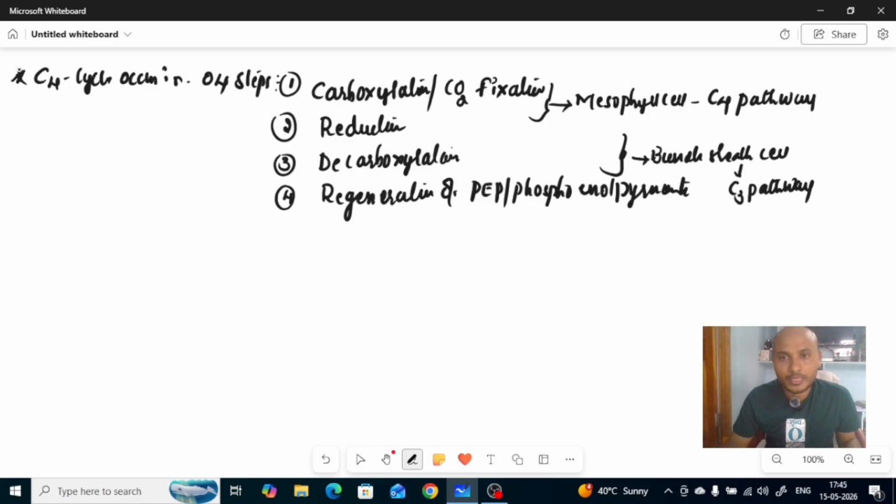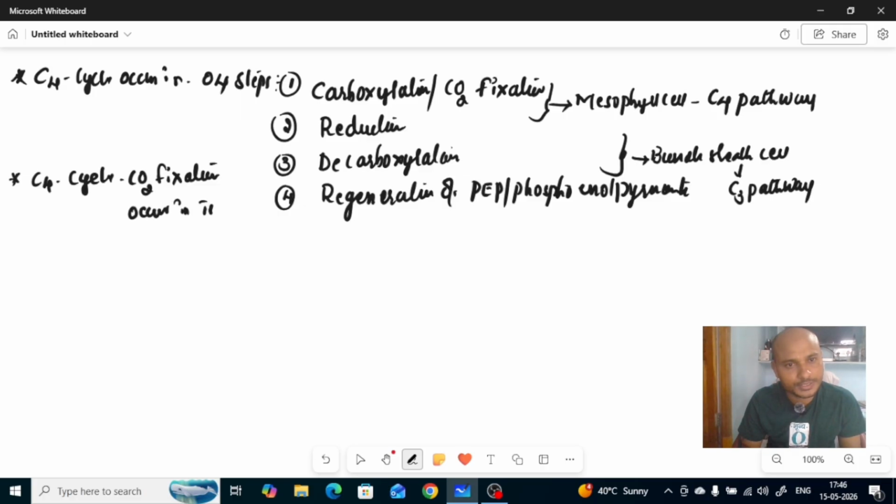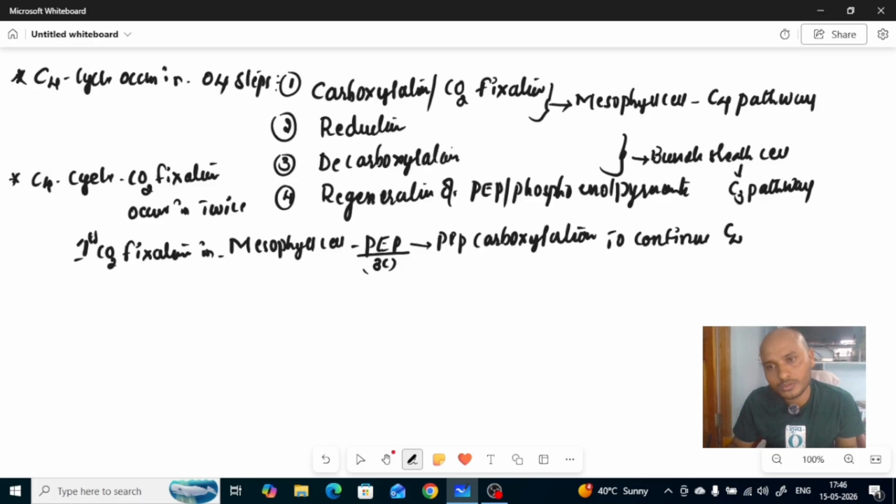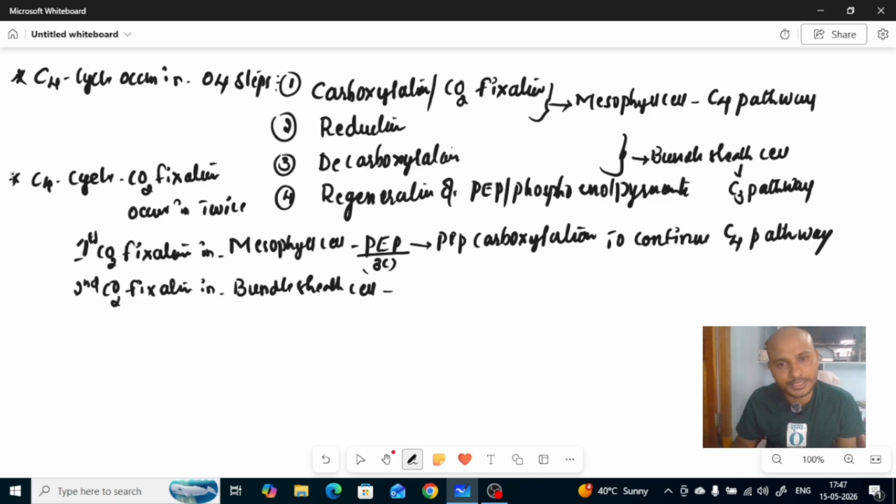And in the C4 cycle, carbon dioxide fixation occurs twice. First carbon dioxide fixation occurs in mesophyll cells by PEP, which is a 3 carbon compound, in the presence of the enzyme PEP carboxylase, to continue the C4 pathway. And the second carbon dioxide fixation occurs in bundle sheath cells by RuBP, which is a 5 carbon compound.